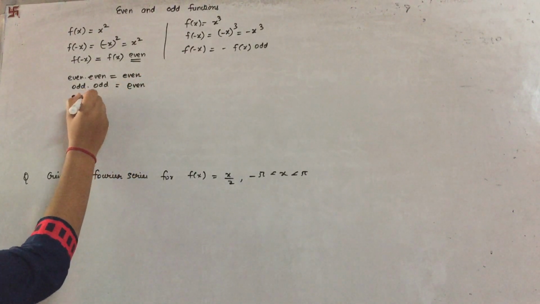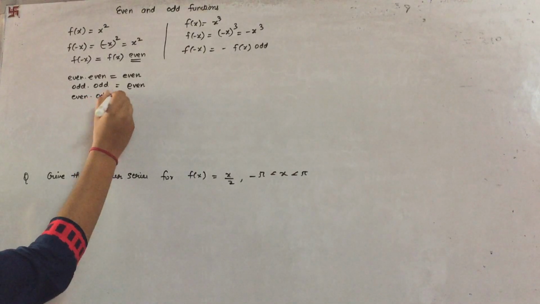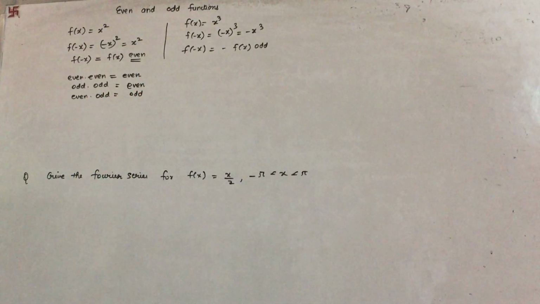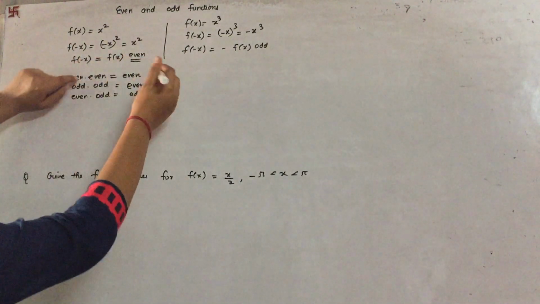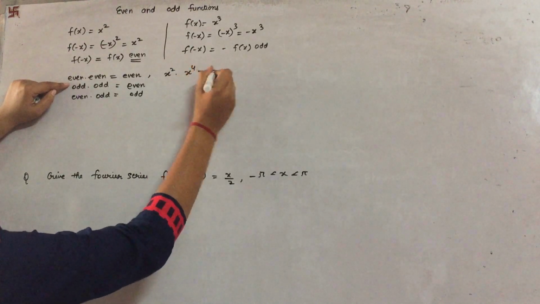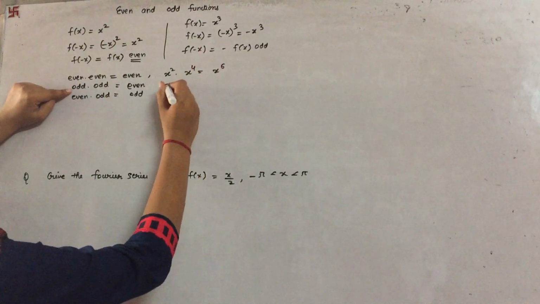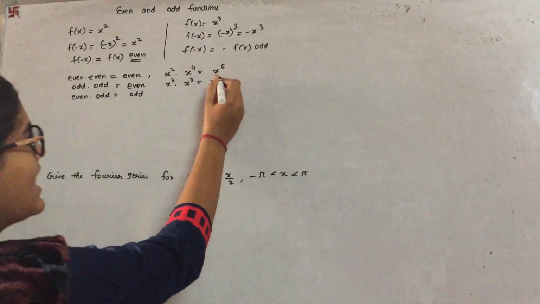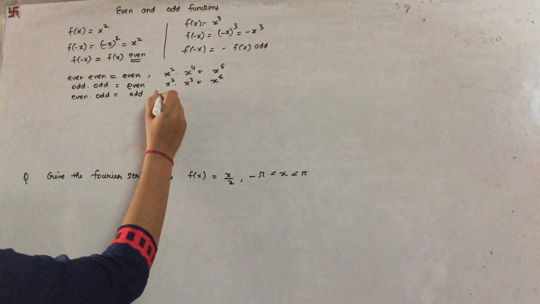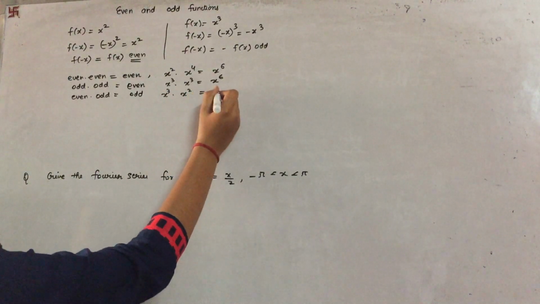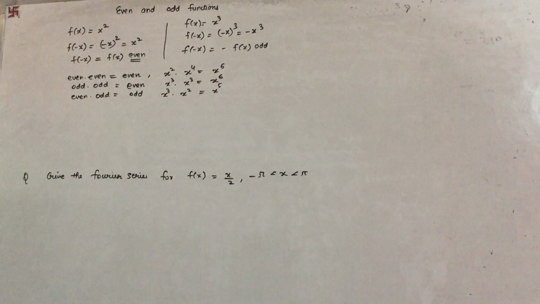But even and odd, multiplication of them gives odd. Let's take an example. Even: x square, x4, x6, which is even. Odd: x cube. Odd times odd, base same, powers add, that means even. Even and odd will form x raised to power 5, which is odd.